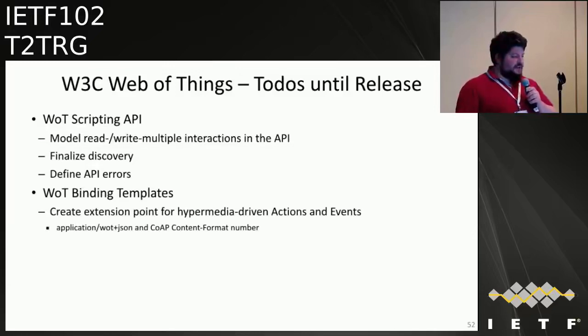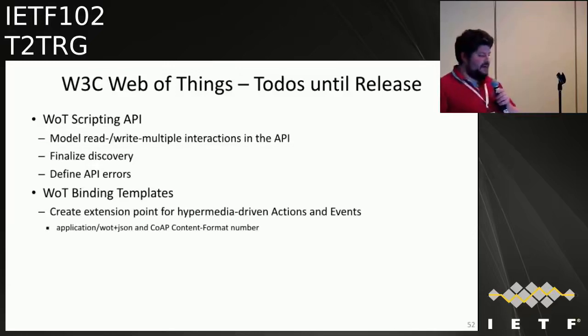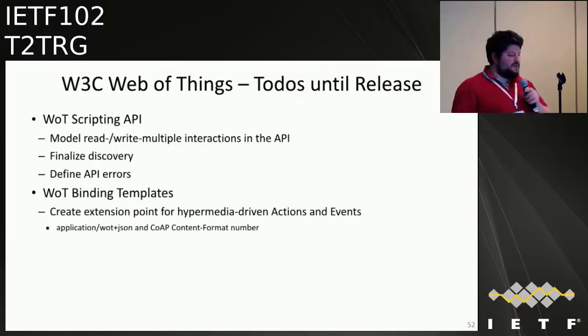And for the binding templates, they are pretty far. What we saw is that we definitely want to have an extension point for the future, so that we can have hypermedia controls starting from a thing description. That means at the moment we just describe these classic systems where you send a request and you get an answer.